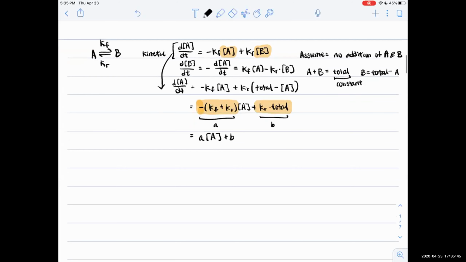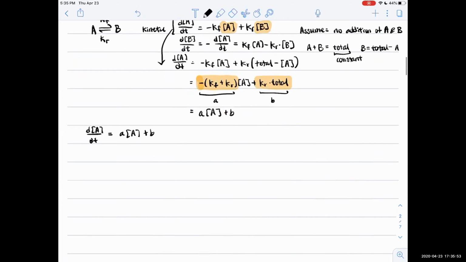So now I'm going to do the integration. So d delta A over dt equals a times the concentration of A plus b. Then if I bring this right term to the denominator of the left side and bring the dt to the right side, it's going to be d delta A over a[A] plus b equals dt.